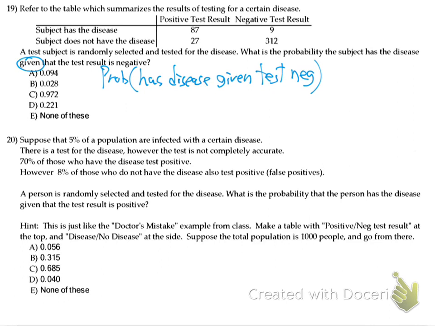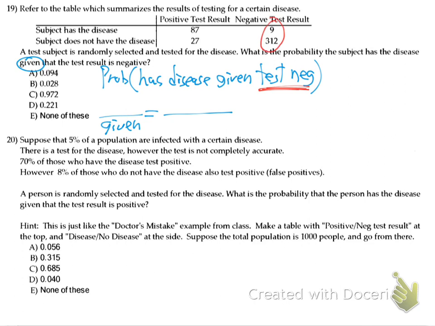Okay, so it's a given. So that means that's the denominator, right? Yep. The given always limits the possibilities. It tells you we're talking about somebody that had a negative test result. So how many people had a negative test result?